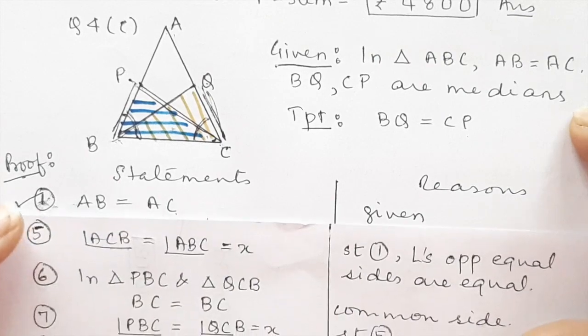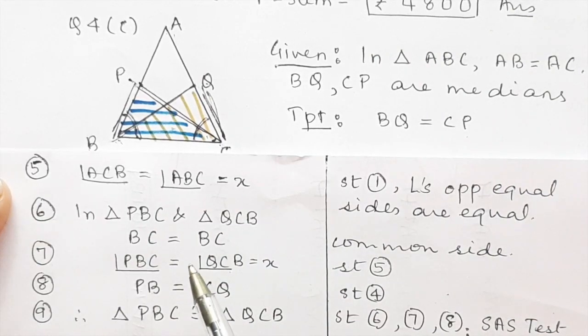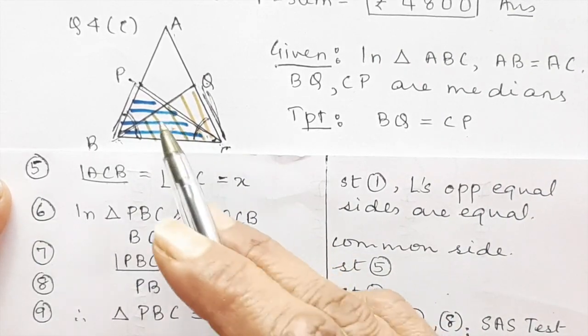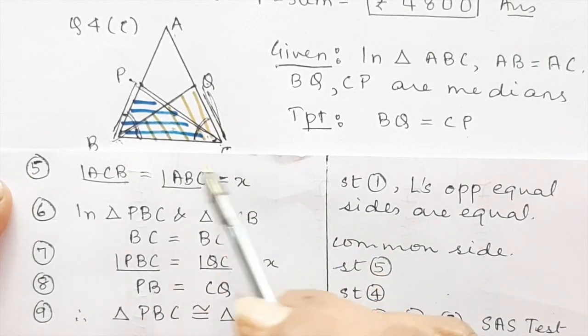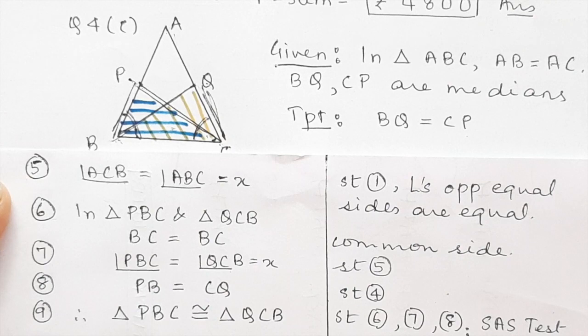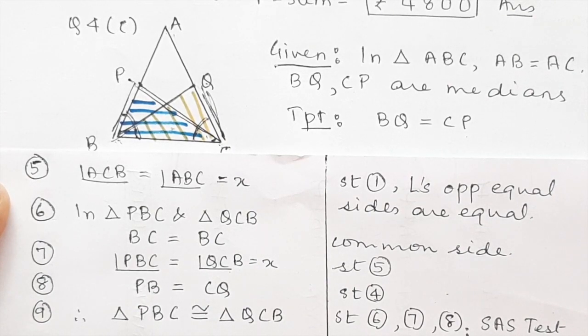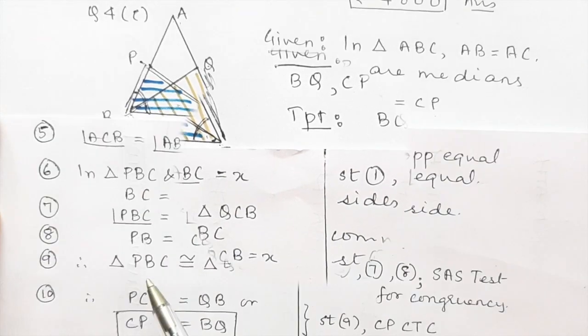Therefore, triangle PBC is congruent to triangle QCB because of statements 6, 7 and 8 and the SAS test for congruency.